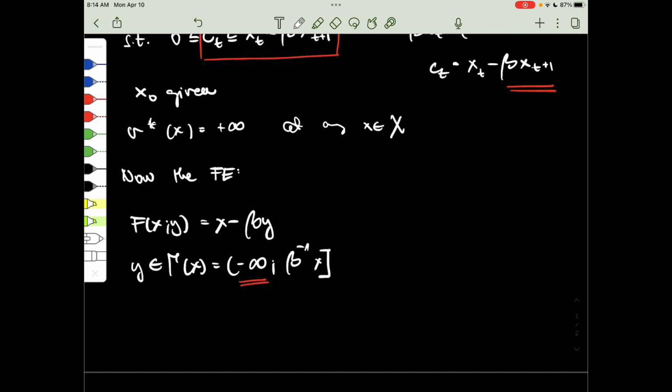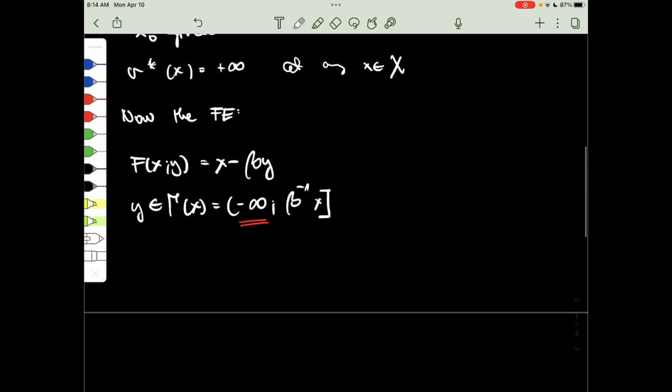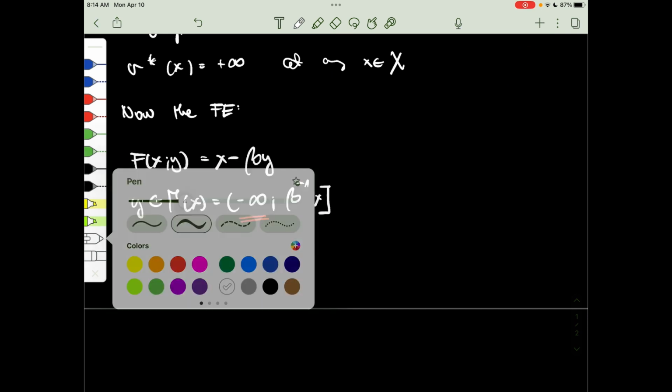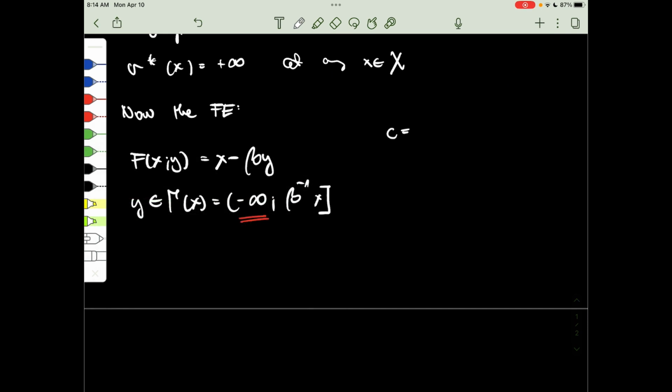So it's not bounded from below, but it's bounded from above, as consumption is this difference, and the upper bound for y, next period stock, is where consumption is 0.